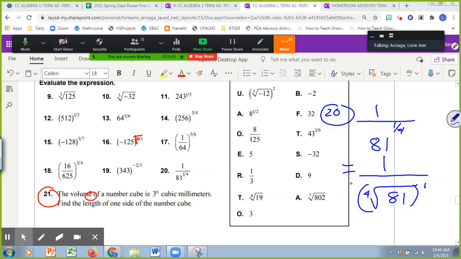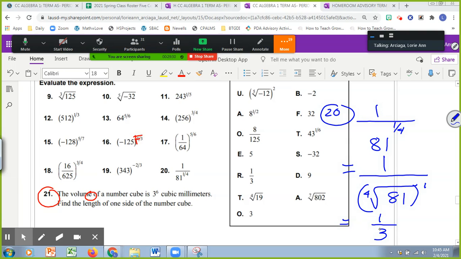All right. So fourth root of 81. So somebody help me. What's the fourth root of 81? 3. Okay, but that 3 will only go to the bottom, okay? So don't think that the whole answer is 3 because I have a 1 on top, yeah? So 1/3.